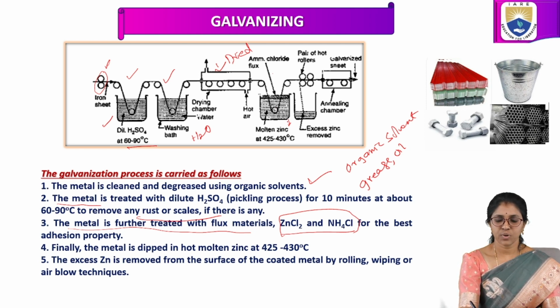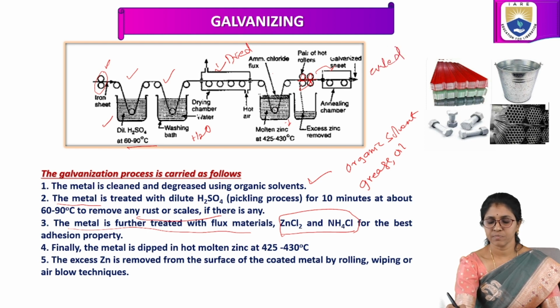After this, the sheets are passed through two pairs of rollers to remove the excess coating metal. After that, this is cooled in the annealing chamber.